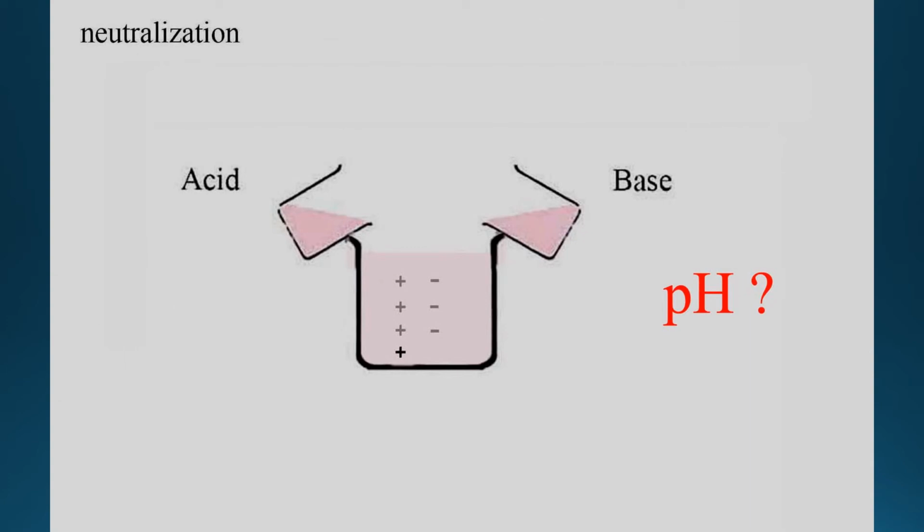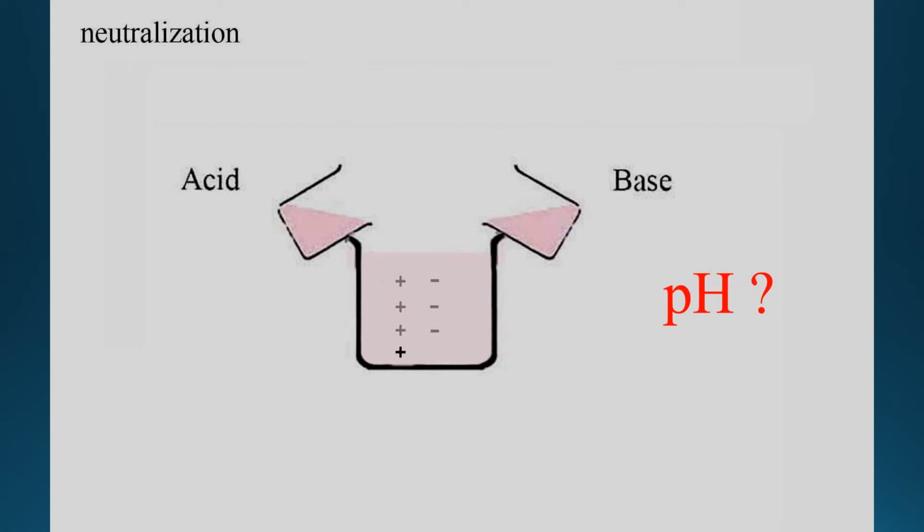Neutralizing. When you neutralize an acid with a base, sometimes they are not fully neutralized. As in this example, you will find there is still some left over; they are not fully neutralized. My question is, what is the pH?